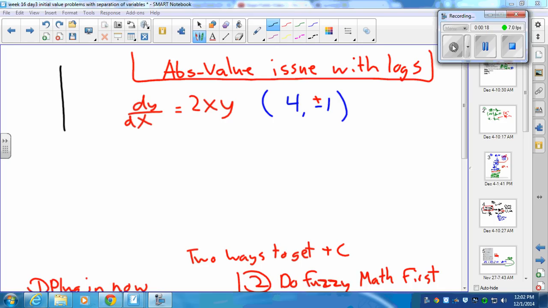If you try to quickly look at some slope fields here, anytime x is 0, 2 times 0 is 0. So anytime x is 0, it is flat. Anytime y is 0, it is flat. Anytime at the origin 0, 0, 0 times 0 is also flat.